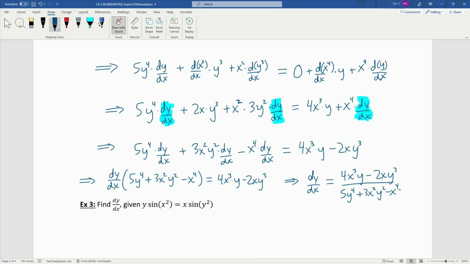Okay, so that's it. That's our implicit derivative formula for that function. So again, if you're careful and you're writing out each step of your derivatives, none of the derivatives are hard to take in these problems, but you do have to do a little bit of careful algebraic solving at the end.